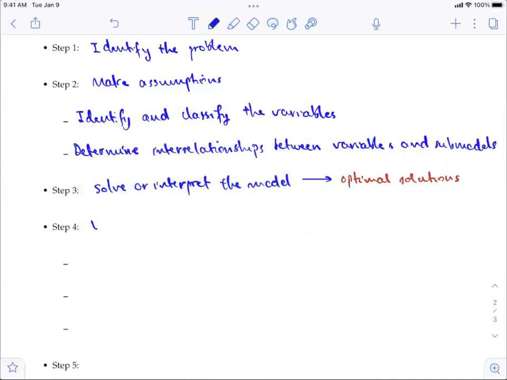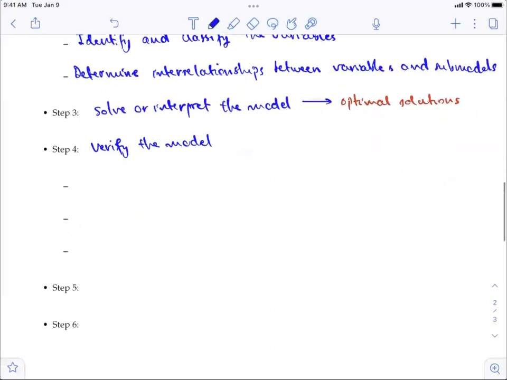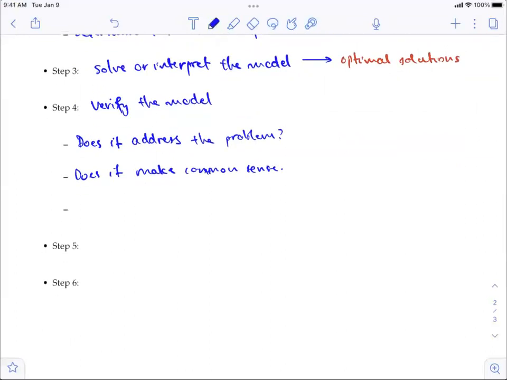The next step is to verify the model, right? And you want to answer the following questions: does the model address the problem that you raised in step one? Does it make common sense? And then test it with real world data.